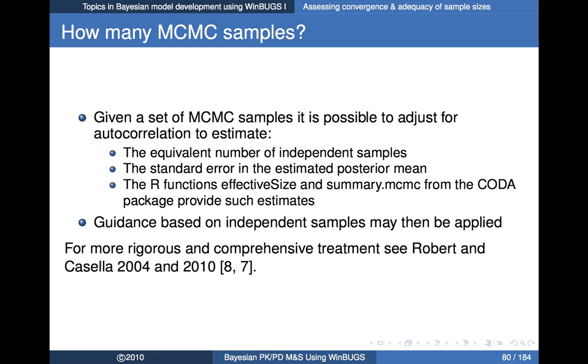Well, with a given set of MCMC samples, there are methods to estimate an equivalent number of independent samples, that is, the number of independent samples that would give you the same precision as the MCMC samples you've generated. And usually that equivalent number is going to be somewhat less than the number of MCMC samples you've generated. You can also get an estimate of the standard error in the estimated posterior mean.